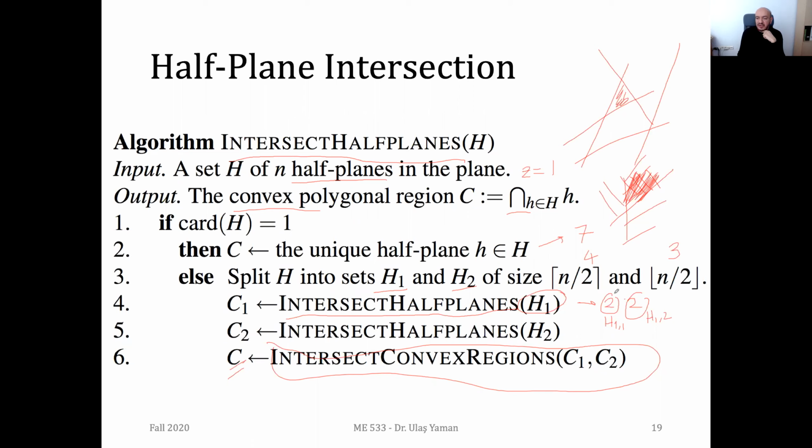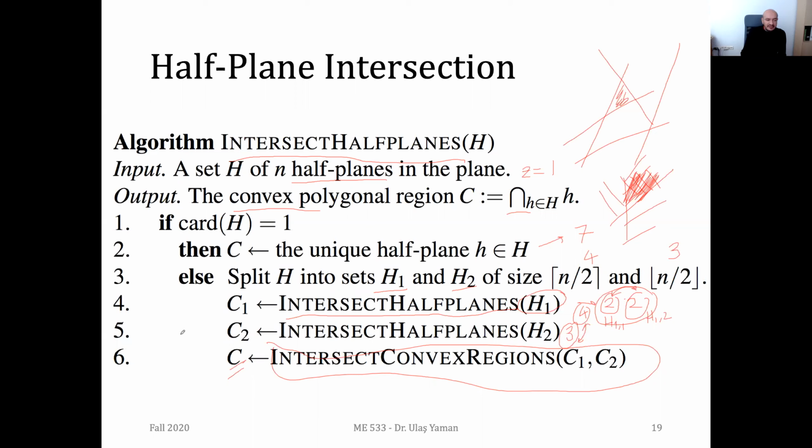And then we take the intersection of these 2 separate parts. So now 4 half planes are intersected. And also on the other side, we should have 3 half planes intersected. And later, we will again join these together, intersect these 2 regions together, and have the final result.